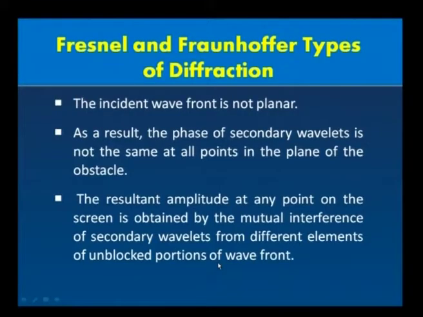Now, whatever I have told you so far corresponds to Fresnel diffraction, whereas in the Fraunhofer type, as I told you, you have lenses. In Fraunhofer diffraction, the source of light and the screen are effectively at infinite distances from the obstacle.